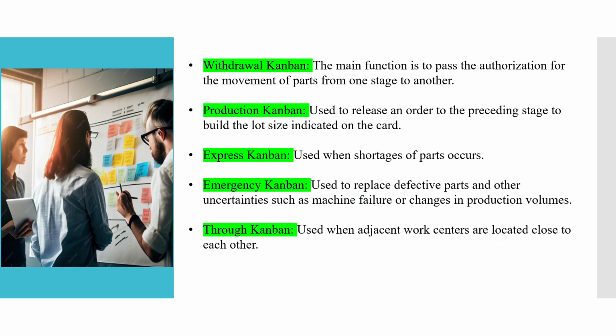And the last is through Kanban. It is used when adjacent work centers are located close to each other. When two adjacent work centers are located very close to each other, then we can complete the system with through Kanban. So these are the simple Kanban types: withdrawal Kanban, production Kanban, express Kanban, emergency Kanban, and through Kanban.